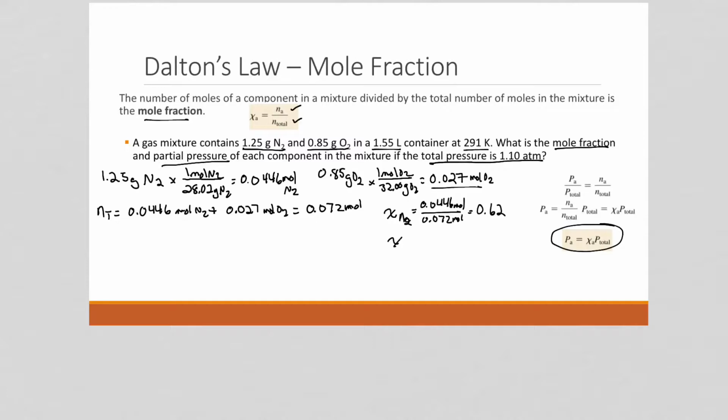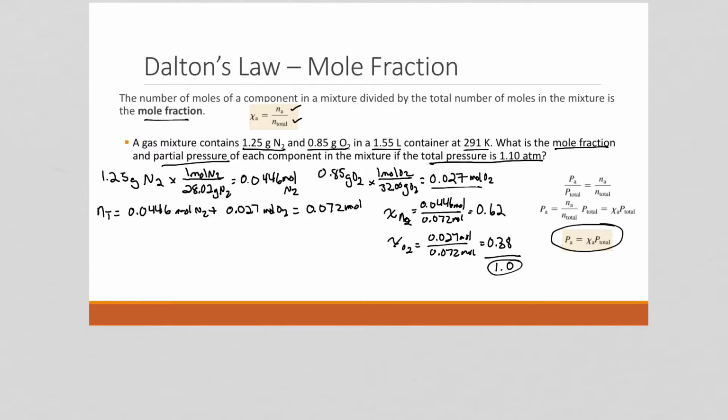Now the mole fraction of O2 equals 0.027 moles divided by 0.072 moles, and I get 0.38. Now, notice mole fractions, right? They have to add up to 1. So if I have all the gases and add up all the mole fractions, they should add up to 1.